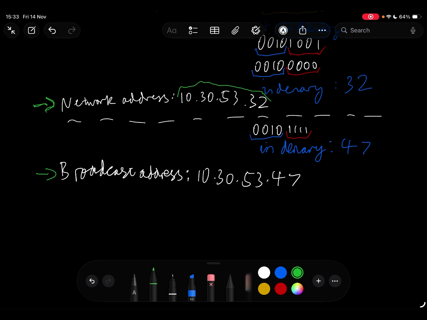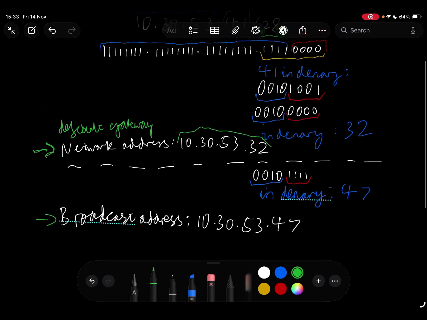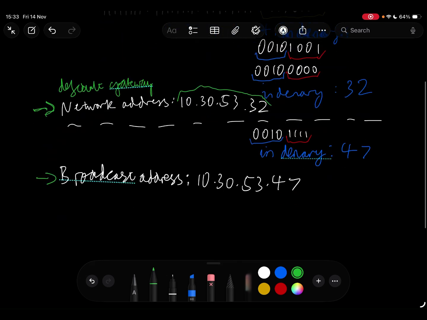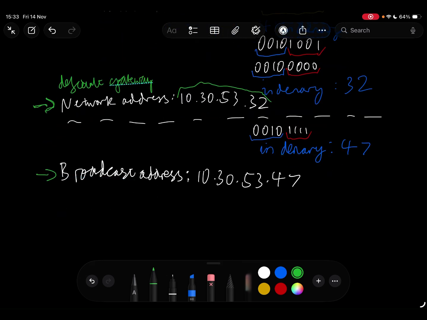So the network address is actually reserved as the default gateway for the network. And the broadcast address, kind of self-explanatory. It's used to broadcast to all other devices on the network.